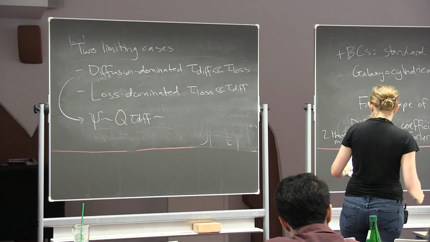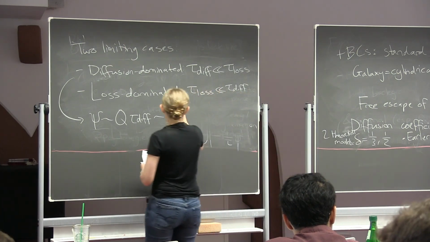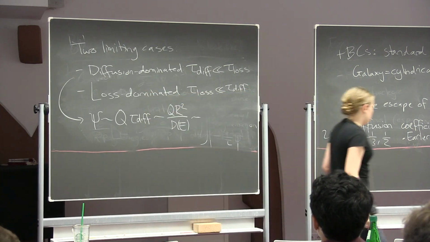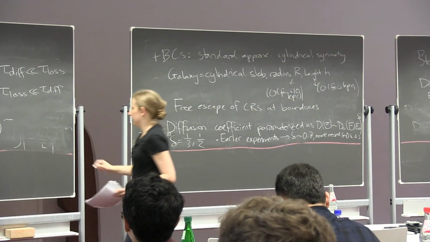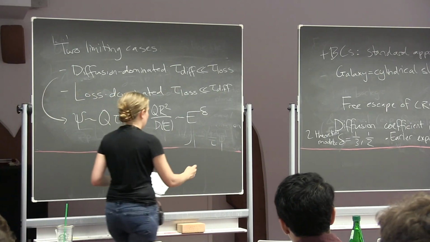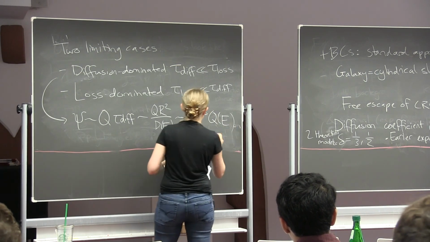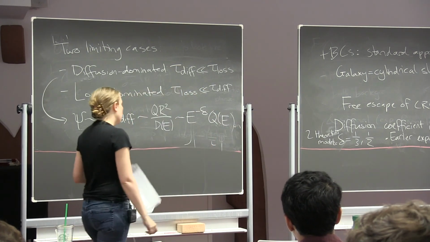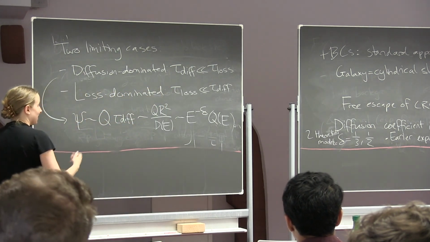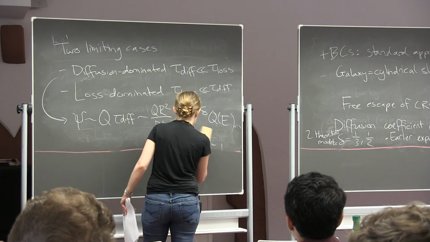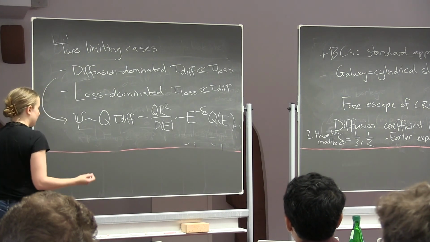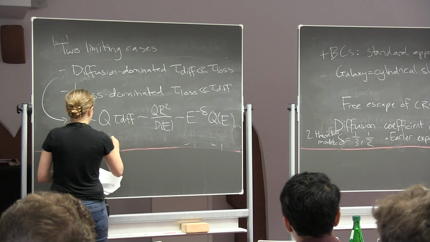So tau diff we said was r squared over D of E. So in particular, by this parameterization here, our energy dependence is going to be like E to the minus delta times whatever the energy dependence of the source is. So the effect of diffusion is to soften the cosmic ray spectrum by an index delta. This is the appropriate regime for protons and antiprotons, which lose energy pretty slowly. So most of the galaxy's regime is diffusion dominated.